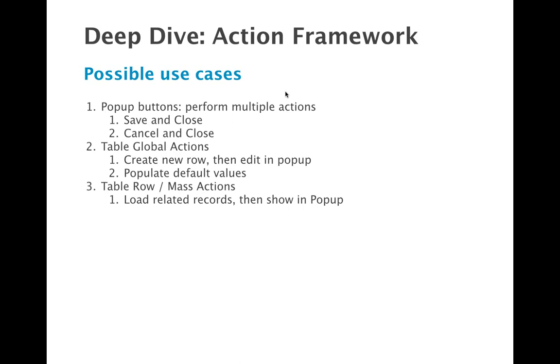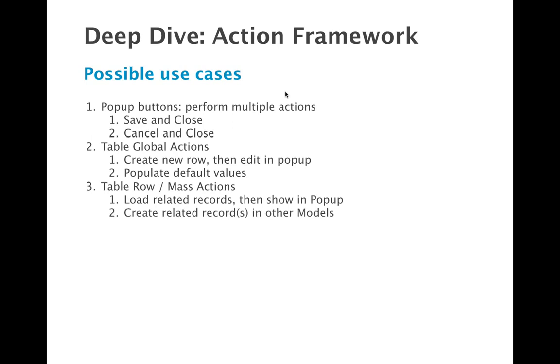So you don't have to show them in a pop-up, but the concept of loading related records for a specific item that you're dealing with and then showing that data somewhere else on the screen is now very easy to do with the action framework, and before that would have taken a lot of finagling or use of the page include. And you'll see that with the action framework, there may be a few more steps to do along the way, but the end result can be very fast, and it's a lot more fine-tuned.